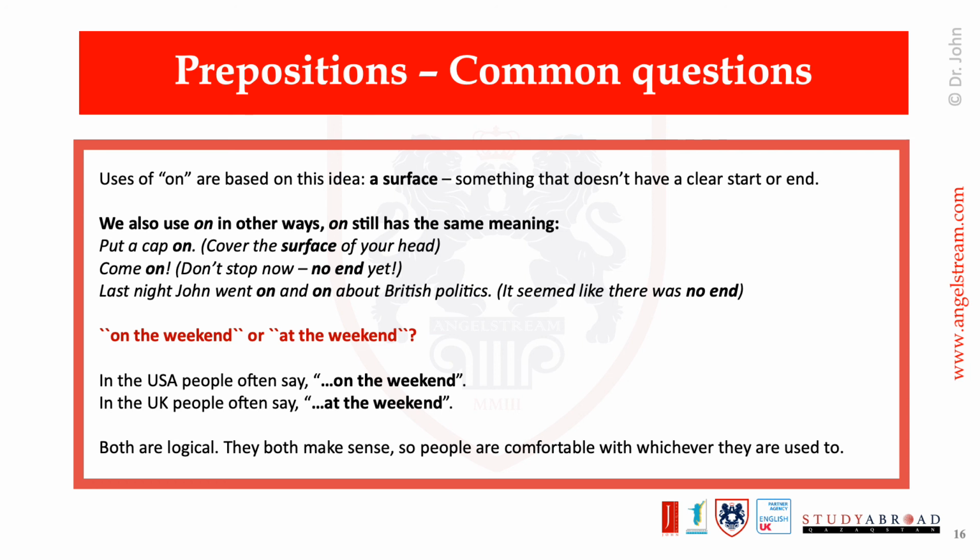So on and on means it continued and continued. It has no end. We use on as an abstract where it has no start and no end. So that's why he went on and on. That means he continued. Come on means continue. So this is when on is used in the abstract form.